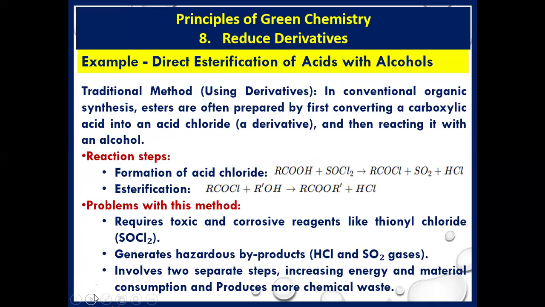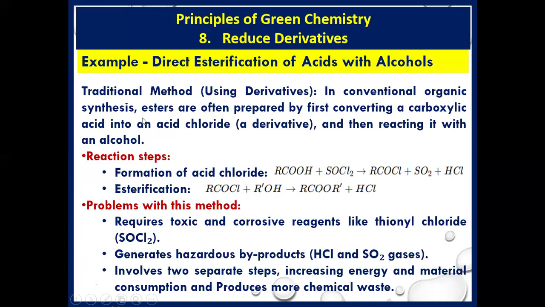The example of the reduced derivatives, that is the eighth principle, is the direct esterification of acids with the alcohol. Esterification is the process in which acid and alcohol react to form the ester.